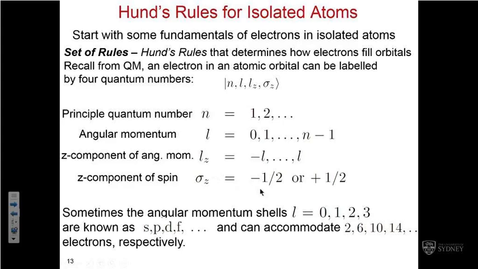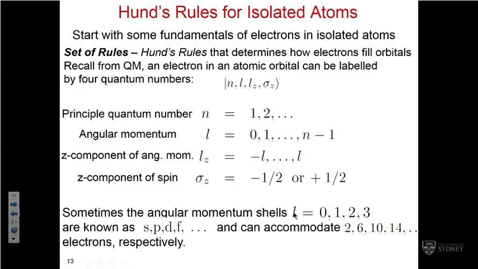Now, another bit of notation: these angular momentum shells, l equals 0, 1, 2, 3, in other fields are known as s, p, d, and f. So the s orbital of an electron in an atom, that's just the spherical one. That corresponds to l equals 0. The p state, which has the three p states, corresponds to l equals 1, and so on. d is known as l equals 2, 3 is known as f electrons.